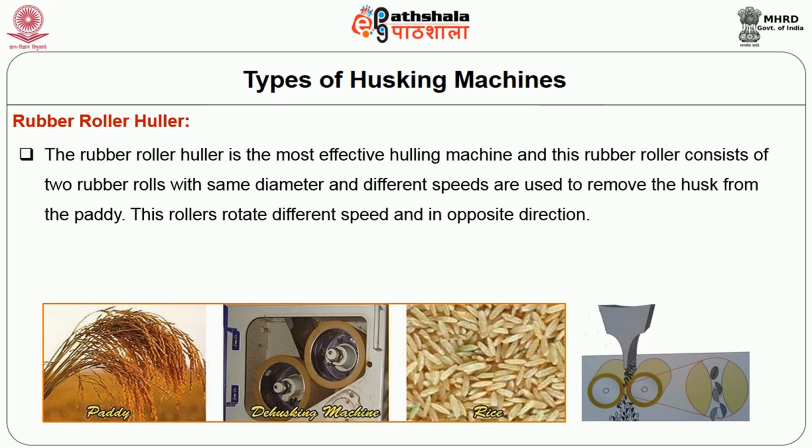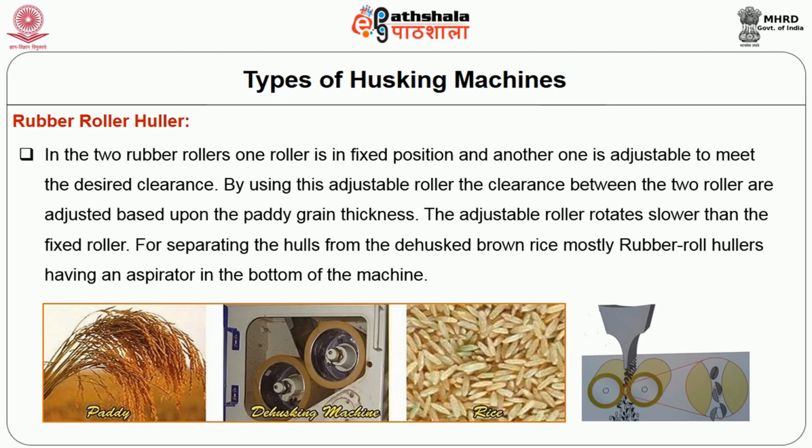These rollers rotate at different speeds and in different directions. Of the two rubber rollers, one is in a fixed position, and the other is adjustable to meet the desired clearance. By using this adjustable roller, the clearance between the two rollers is adjusted based upon the paddy grain thickness. The adjustable roller rotates slower than the fixed one.